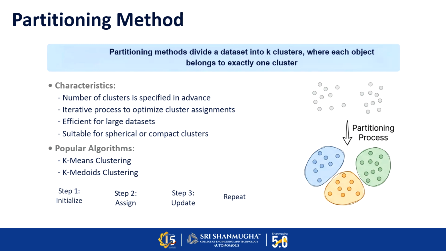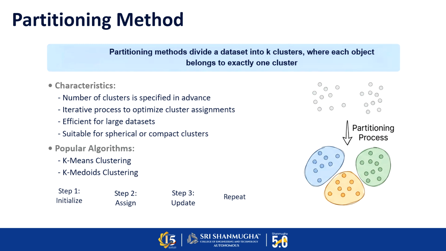What is partitioning? See, partitioning is nothing but dividing. So what are we going to divide here? The data set. Okay. So, as a definition, a partitioning method divides a data set into exactly K clusters. K will be specified in advance by the user.